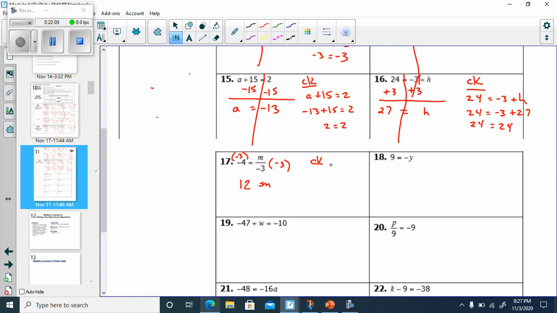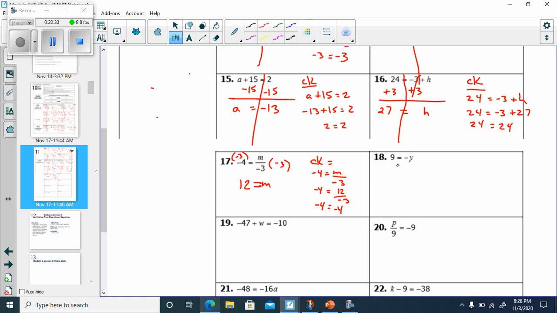Now let's check ourselves. Is negative 4 equal to m divided by negative 3? Let's put in our value. M is 12. Is negative 4 equal to negative 4? Yes, it is. So 12 is the solution for m.